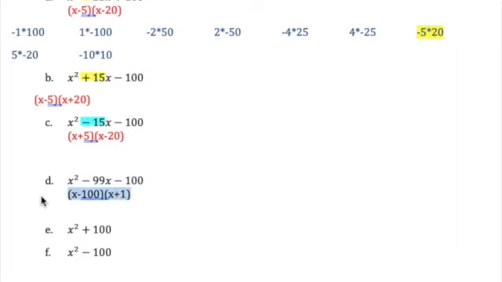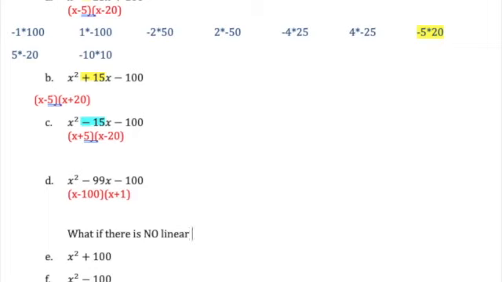So, E and F. Notice with E and F what looks different about these two problems. What's different is that there's no B term. There's no linear term, nothing where there's an x.